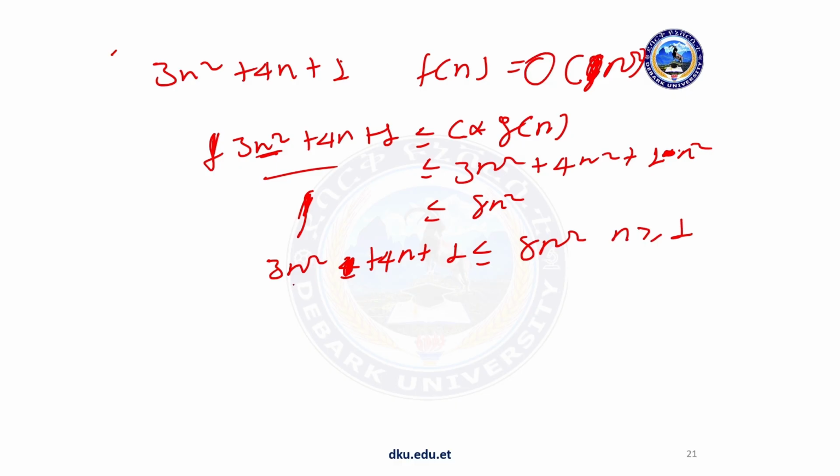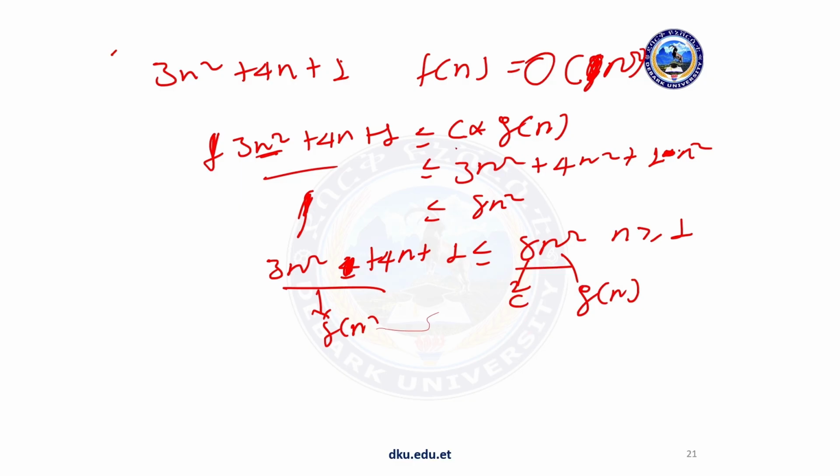We can check by replacing n with more than one value. So this one is f of n, this 8 is c, and this one is g of n.